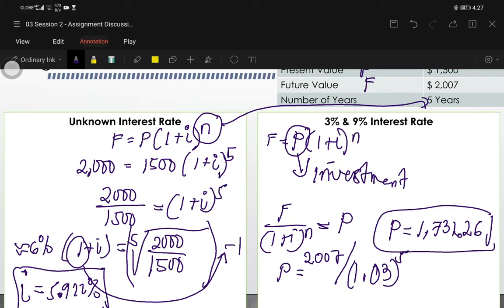You need this amount in order for you to get the same future value of 2007 at the end of 5 years.